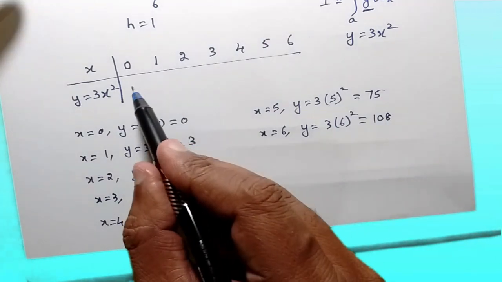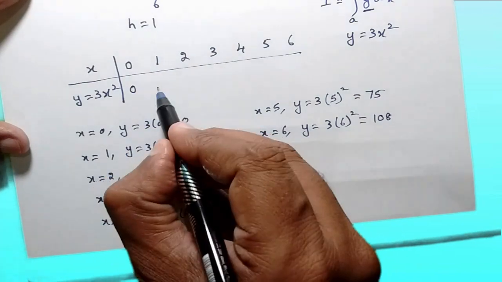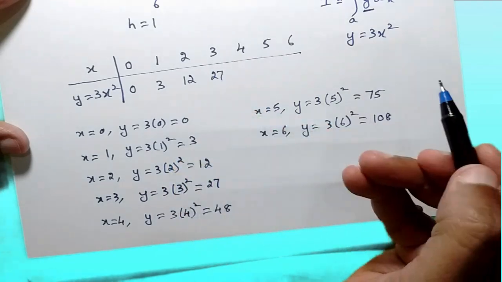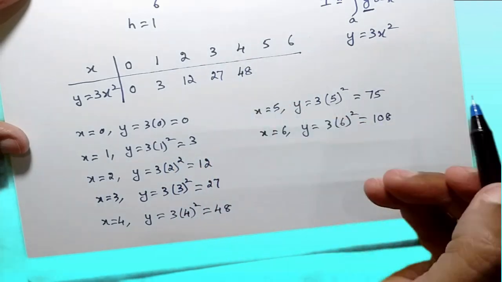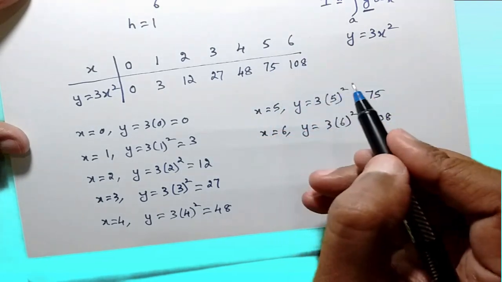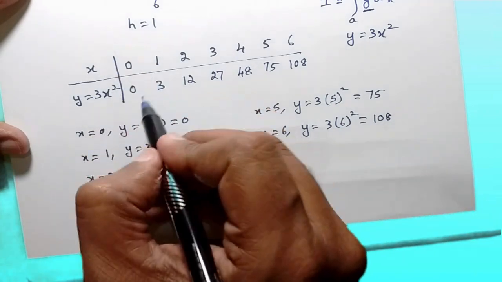Now if you write down all the values of y here: for 0 you have got 0, for 1 you have got 3, then 12, then 27, then 48, then 75, then 108. So these are the values that you have got. The x values are known and the y values are known.